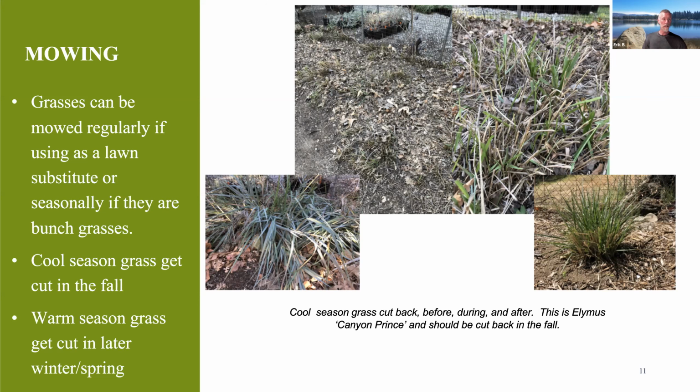Grasses can be mowed regularly if using as a lawn substitute. So again, you can cut depending on the grass you're using, once a month or so, if you really feel like it needs it. Cool season grass, if you're using it as more of a walking through rather than a visual. Cool season grass gets cut in the fall, warm season grass gets cut later, winter or spring.